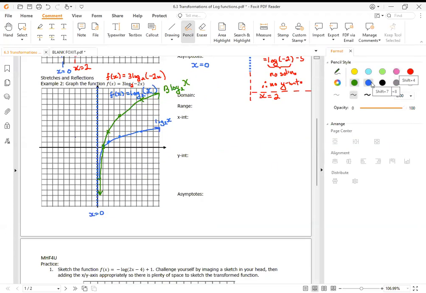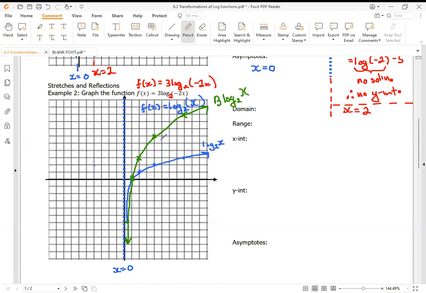And lastly, I already used dark green. Let's do a pink or hot pink or fuchsia or whatever the color is. Horizontal compression: every x value that I have is essentially going to be reflected on the negative side, and it will also be divided by 2. And so my x value, which used to be positive 1, would be negative half.